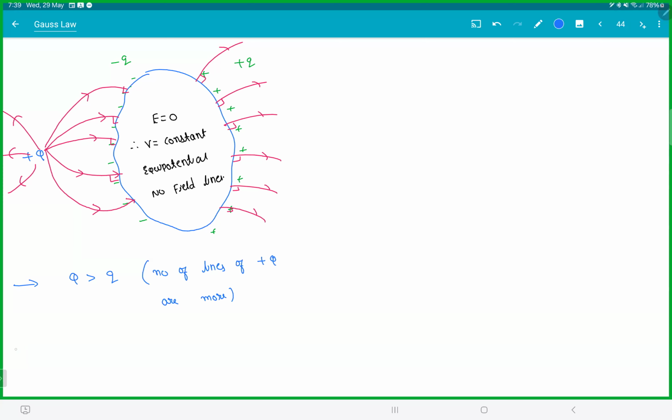Second thing, the field lines always enter and leave perpendicular to the surface. Always enter and leave perpendicular to the conductor, because it is equipotential.